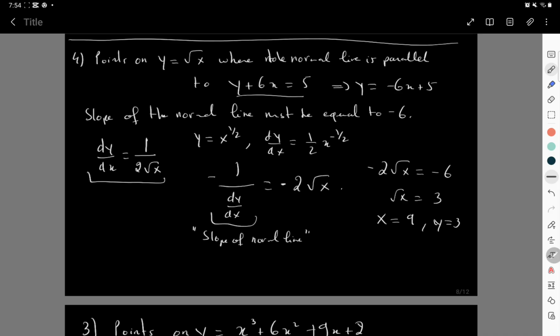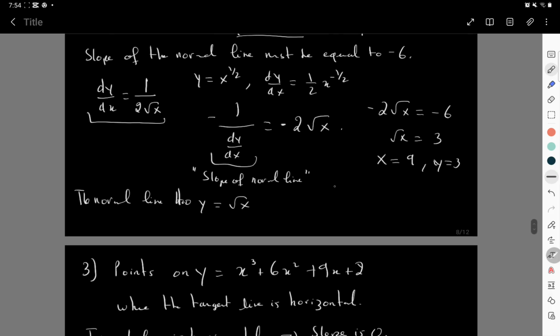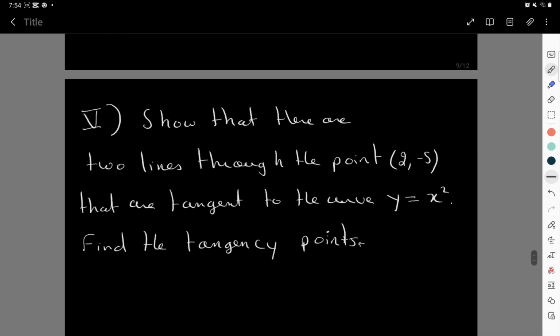So the normal line to y is equal to root x has slope minus 6 at 9, 3. Okay, so at x equal 9 and y is equal to 3.